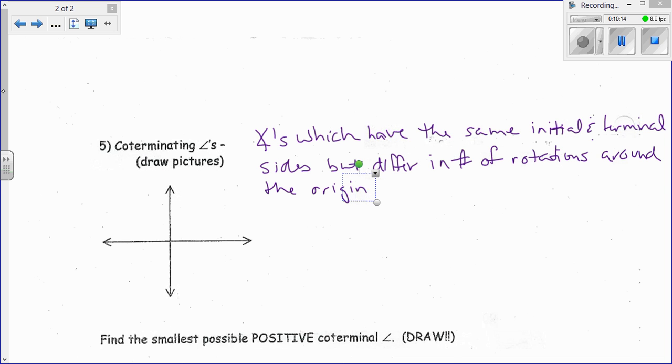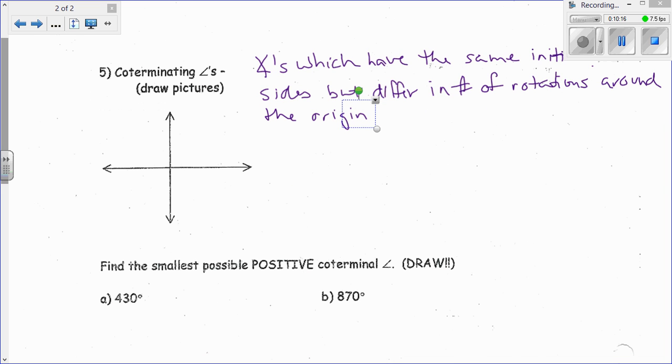Okay, so if I label again, this is 0 degrees, 90, 180, and 270 degrees.